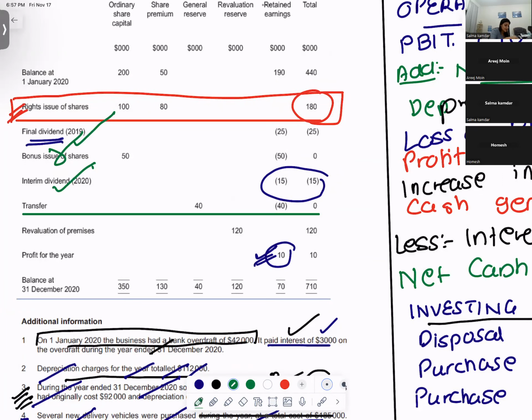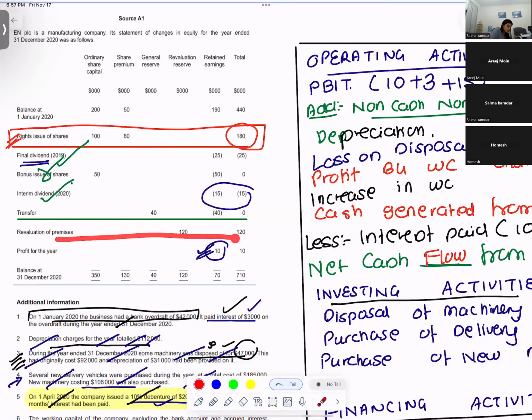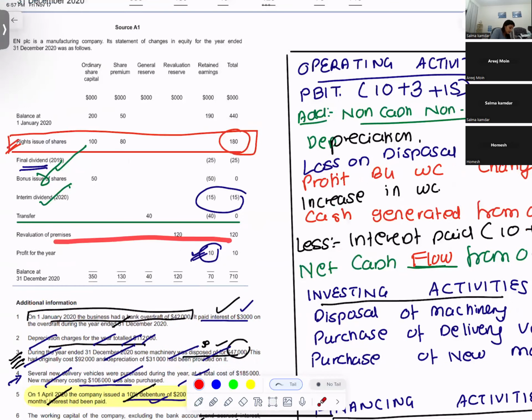It is going from one heading of retained earnings and coming to the other heading of general reserves. No inflow, no outflow. When you're revaluing premises, any inflow or outflow? No.